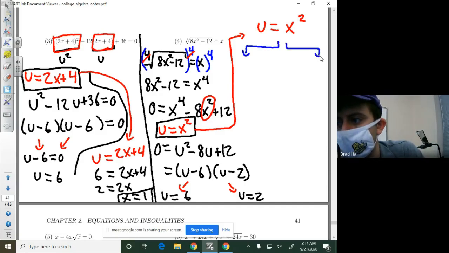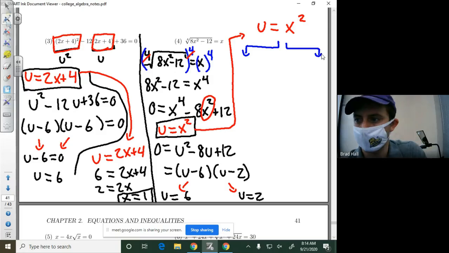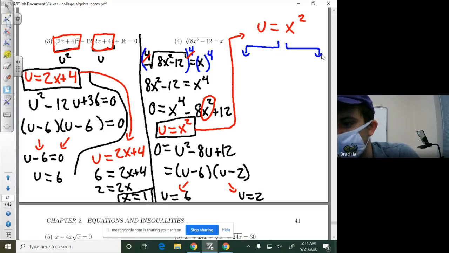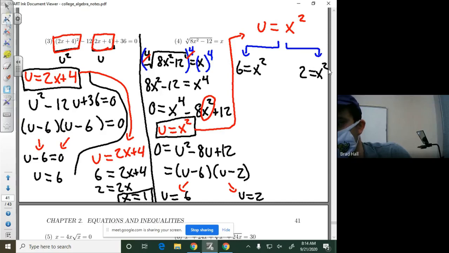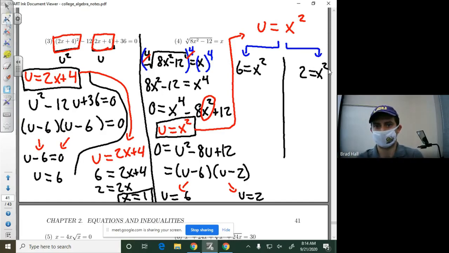We found 2 U's. One of the U's was 6, so now 6 is equal to x squared. The other one we found was 2, so 2 is equal to x squared. We're going to solve for x in both cases.